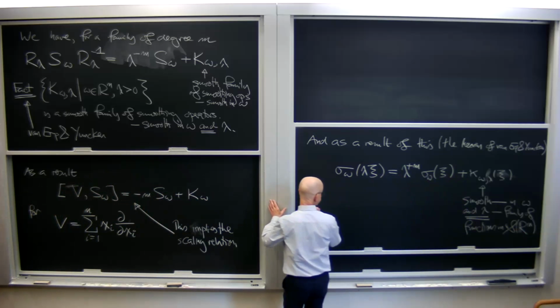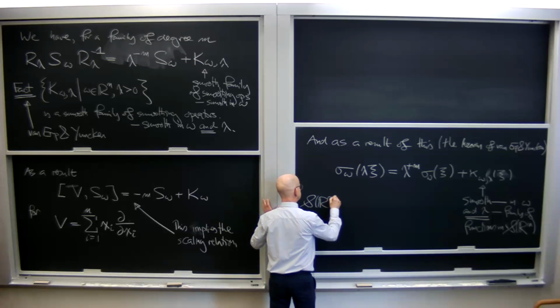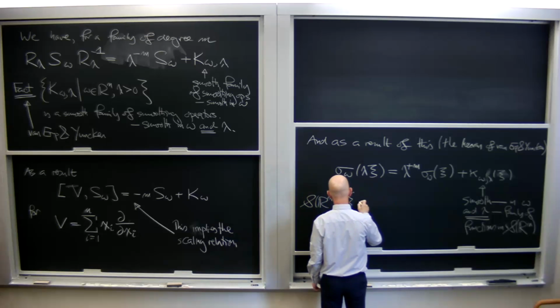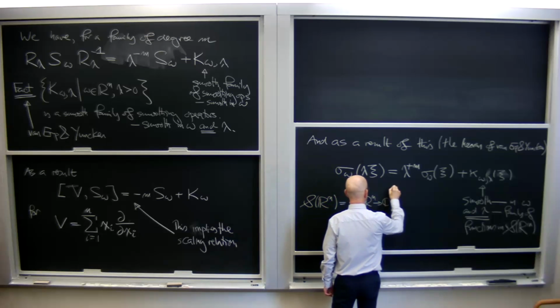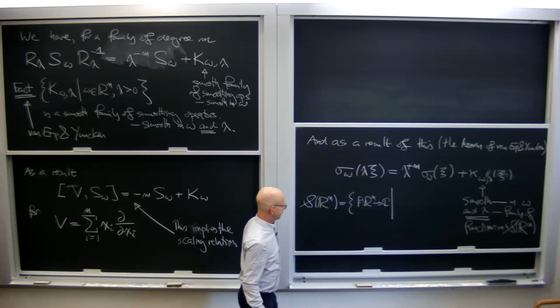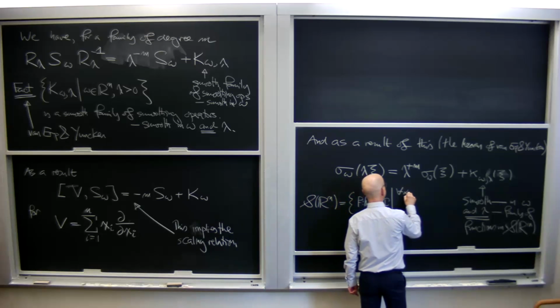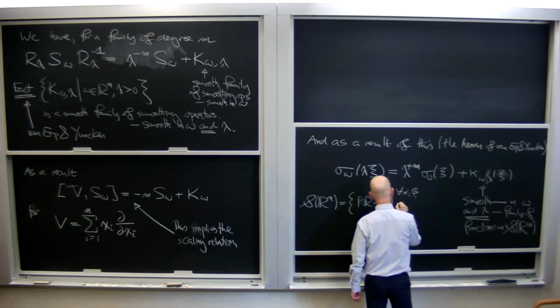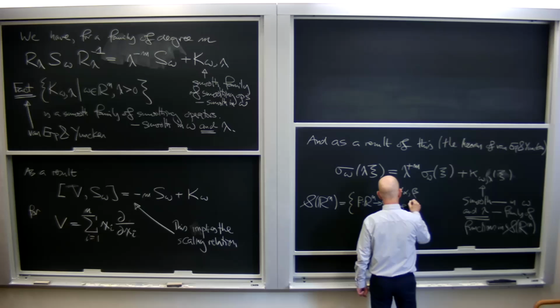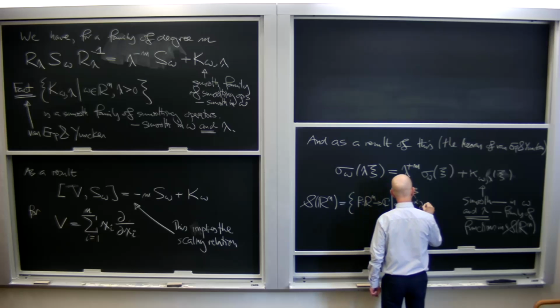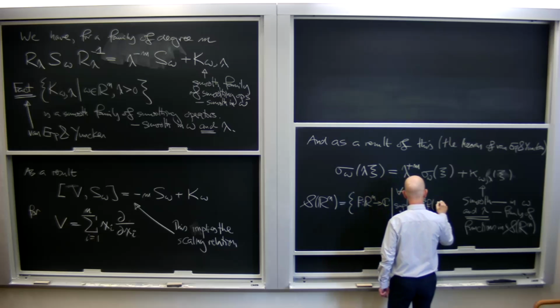Let's just remember that the Schwartz space is just functions, let's call them f, with the property that for all indices alpha and beta, if you take the supremum over all psi of psi to the alpha, partial to the beta of f at psi, this is finite.